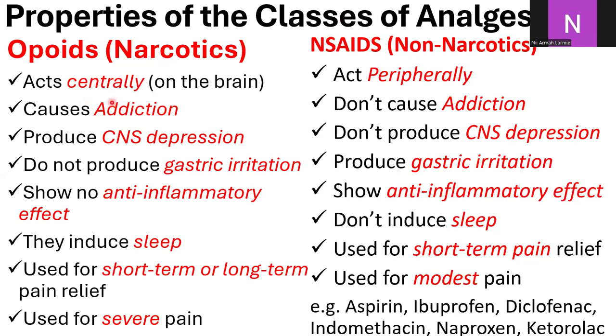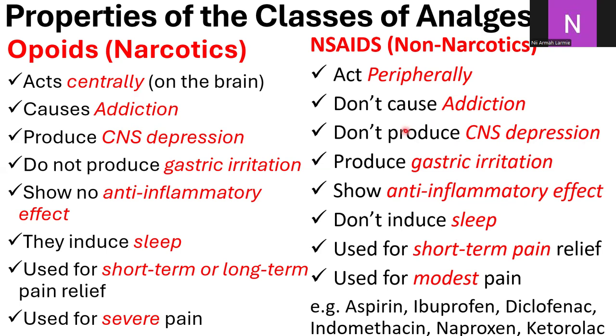So opioids can lead to addictions, whereas NSAIDs do not cause addictions. Because they are still working on the brain, we can also see that these opioids can depress the brain, so they can cause CNS depression, whereas NSAIDs do not cause CNS depression.